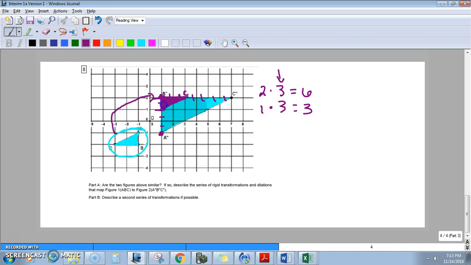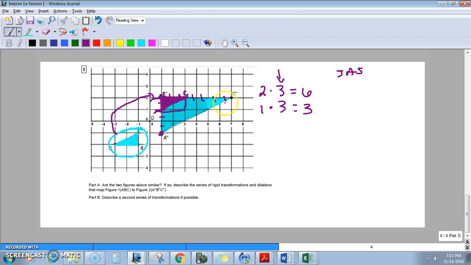Oh no, we have it because we have 2 sides and we know that this angle is 90 degrees. So we technically have similarity by the side angle side theorem of similarity.